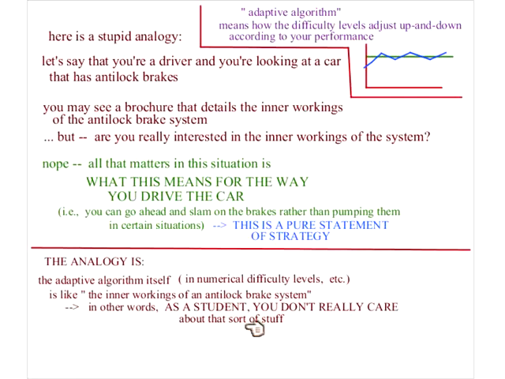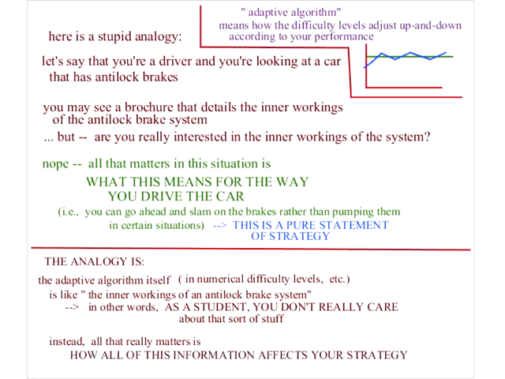This is going to be a very surprising statement to a lot of you out there, but as a student, you shouldn't really care about the adaptive algorithm itself unless you write exams. Unless you actually write tests, you could not care less about things like numerical difficulty levels or the actual numbers on the graph like this. Instead, all that really matters is how this information affects your strategy.